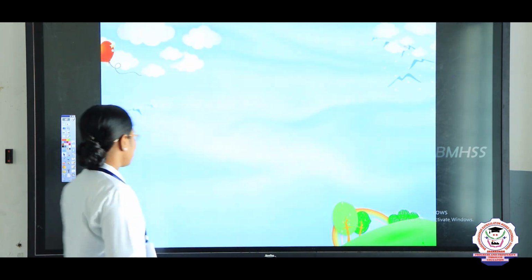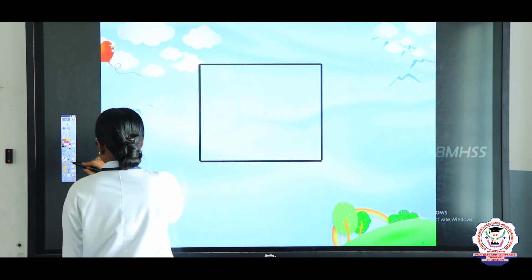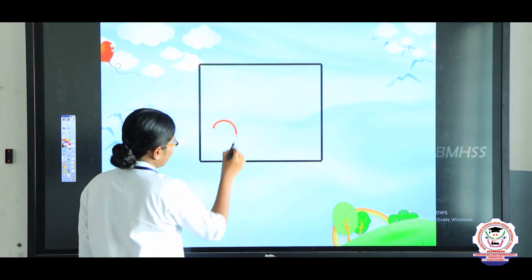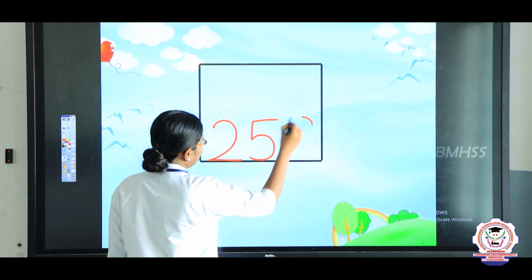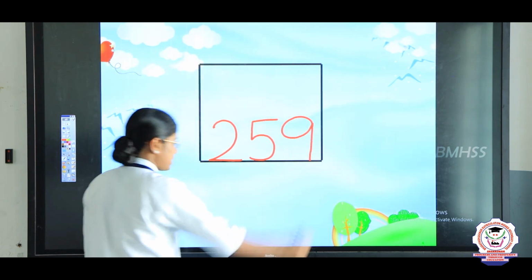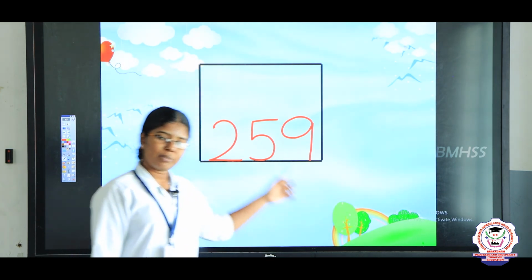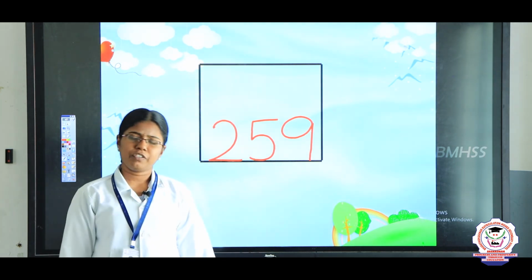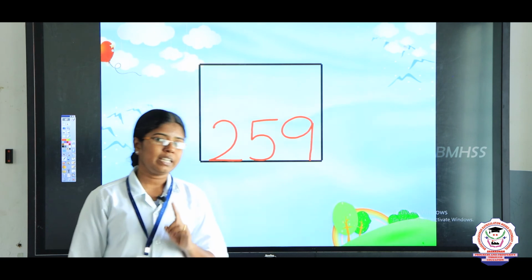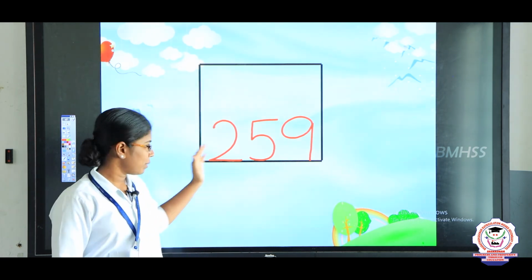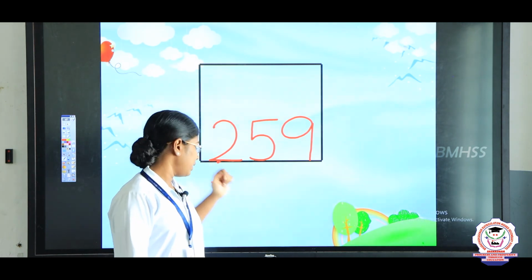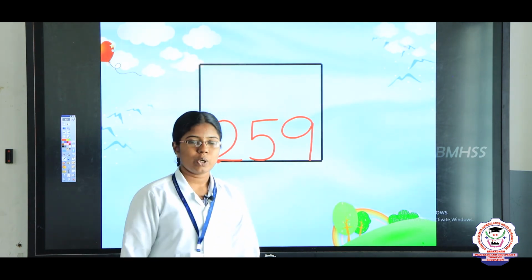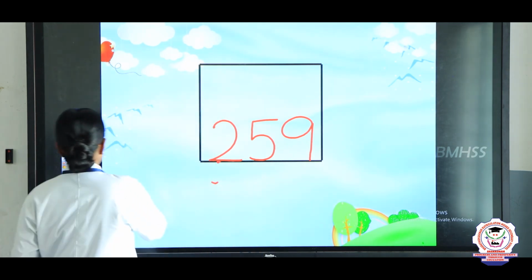Shall we write this number, children? 2, 5, 9. Circle and then standing line. 259. I have already told you, right? Till the number 259, we should not change the tens place value and hundreds place value, right? So, 259 over.